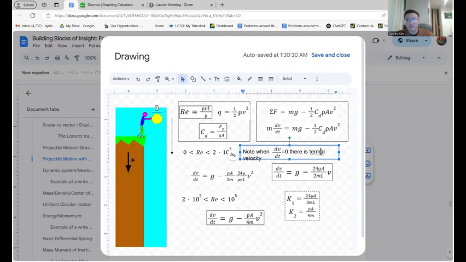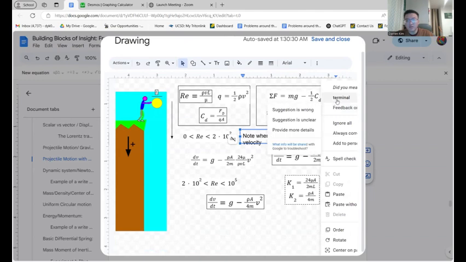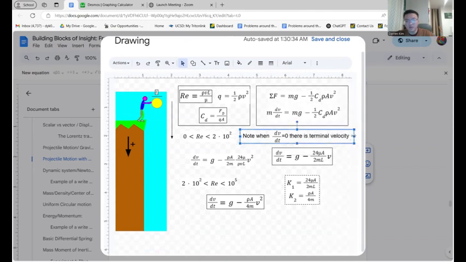I forgot about terminal velocity. This plays a role here. It basically says no, it's like friction. You can't have more than terminal velocity.